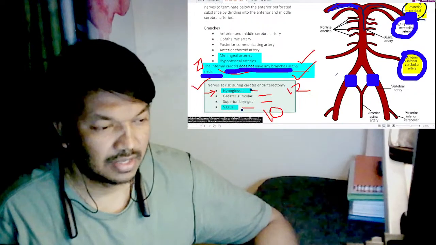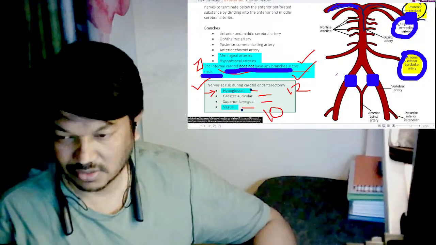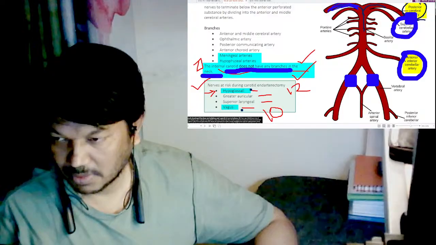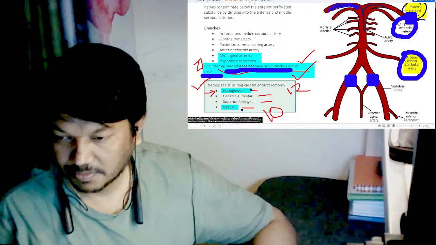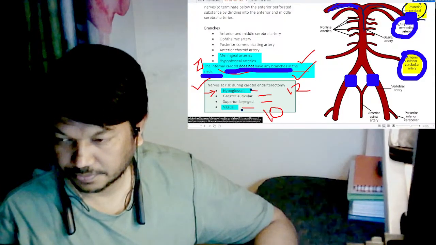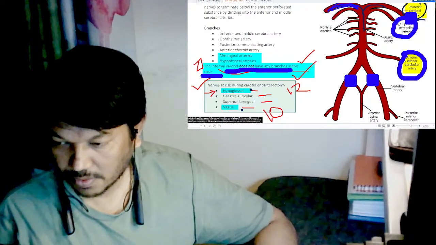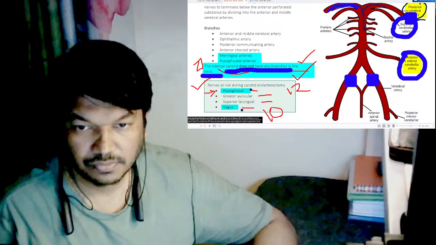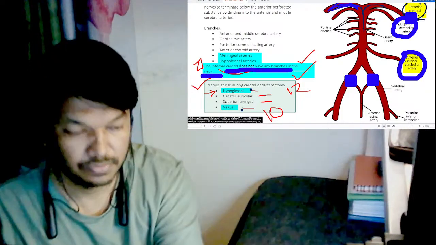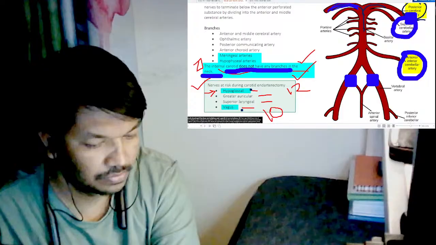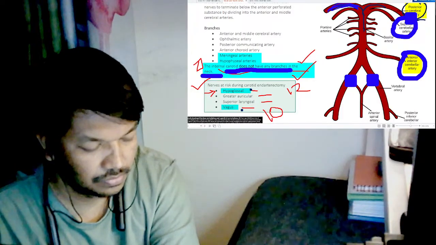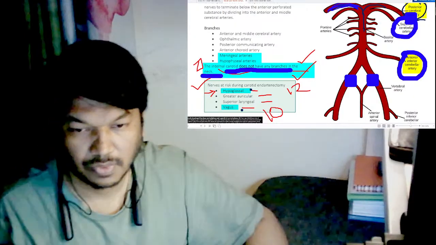The internal carotid artery does not give any branch in the neck region.